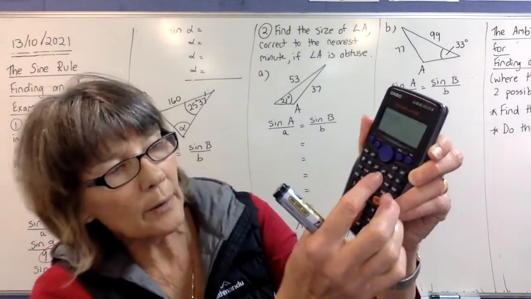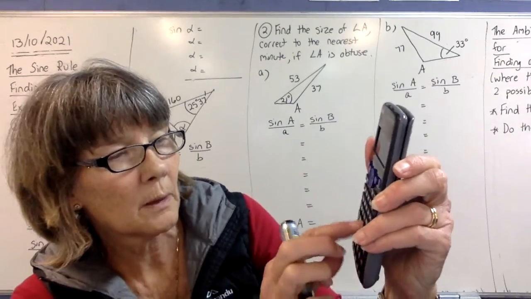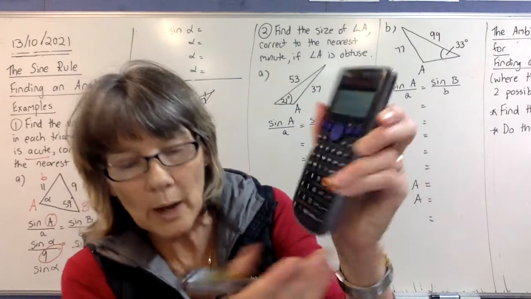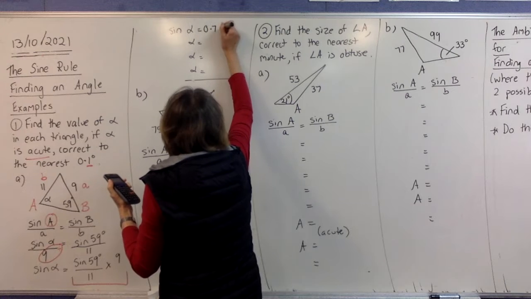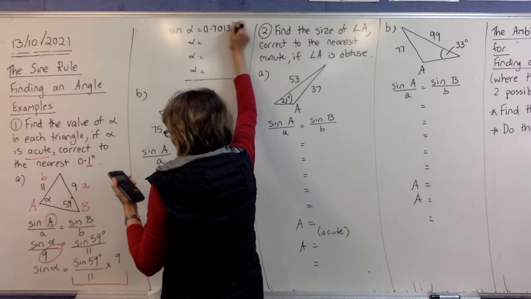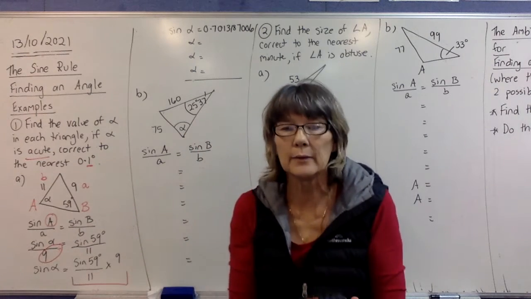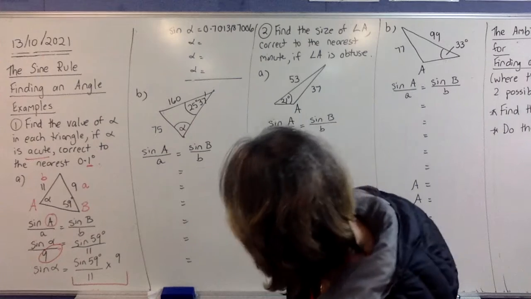Then we're going to right arrow out of that. And now we're doing times 9 and press equals. And we're writing all of that down, the whole lot. Now don't clear your calculator, leave that there. Just leave it on there. We're coming back to that part in a minute.